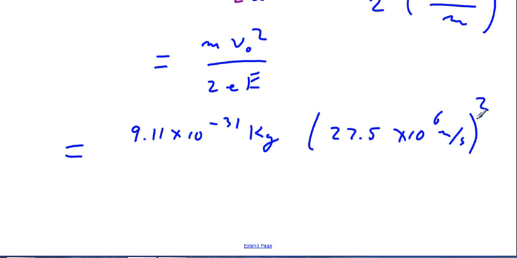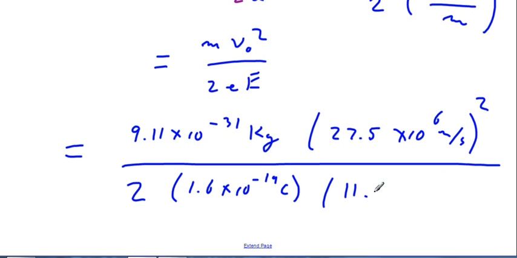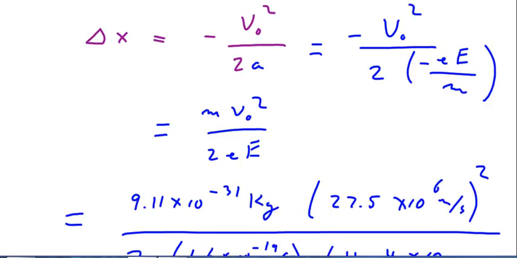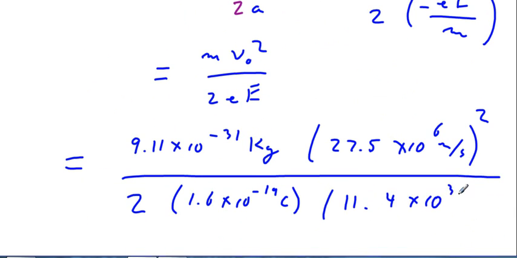The quantity squared divided by 2 times the charge on the electron times the electric field, 11.4 times 10 to the third newtons per Coulomb.